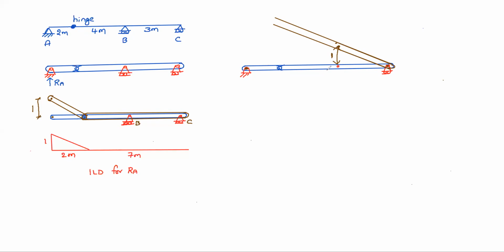It cannot be bent in between, it can bend at a hinge only, and it cannot be dislocated at A. That means it can go like this. So now the shape is here. This is 2 meters, this is 4 meters, this is 3 meters. The shape will be like this now.